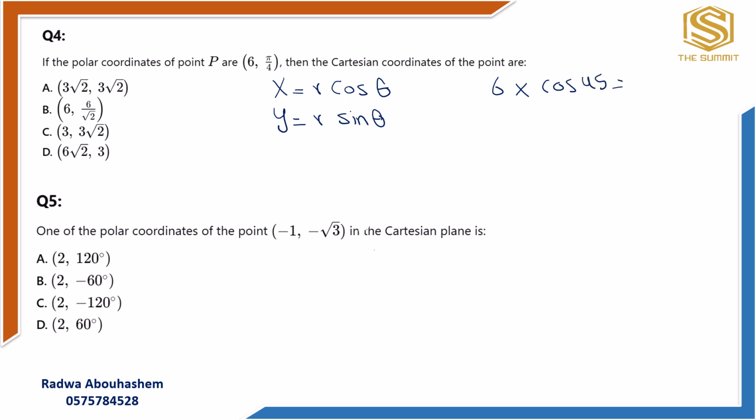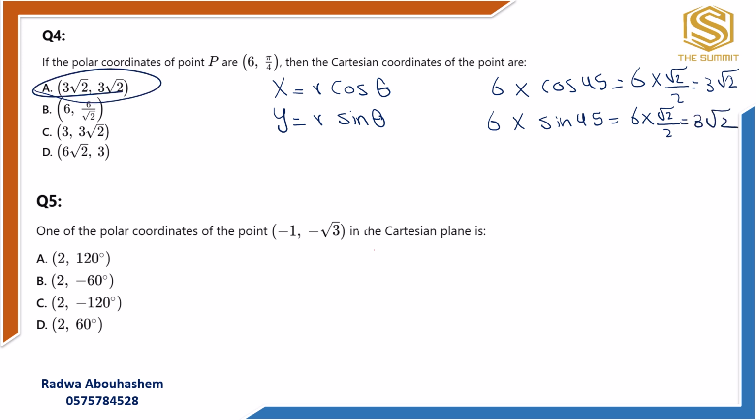So it's 6 times root 2 over 2, so that gives me 3 root 2. The same here, 6 times sine 45, and sine 45 is the same, so 6 times root 2 over 2 gives me 3 root 2. So my answer, choice A.